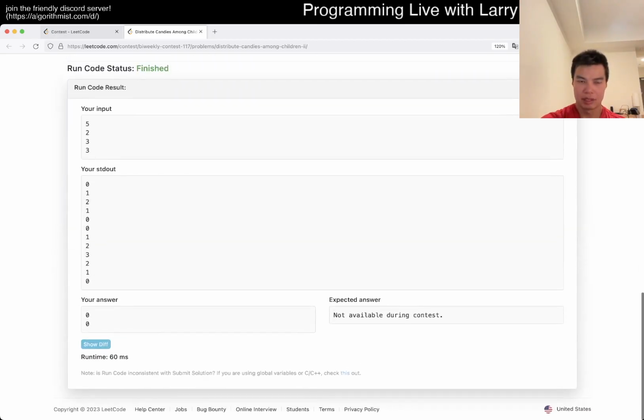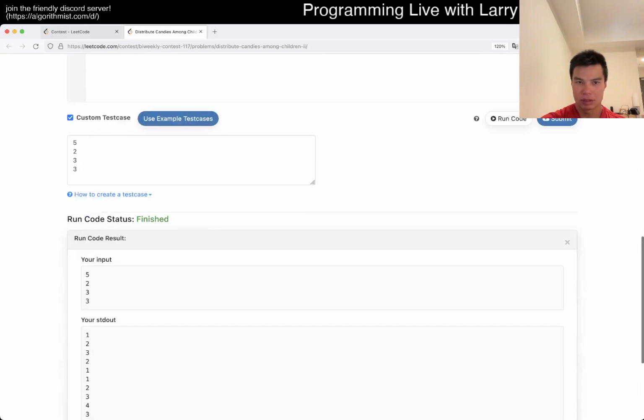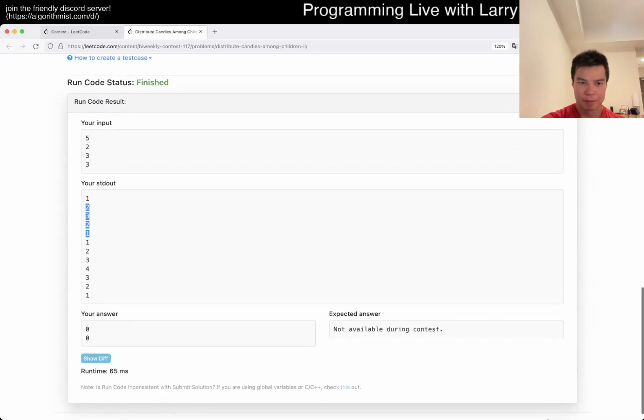And plus 1, I guess. If the limit is 4, 0, 1, 2, 3, 4, 3.